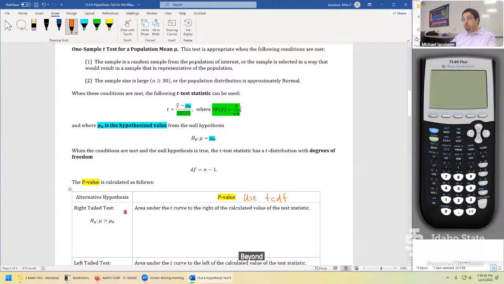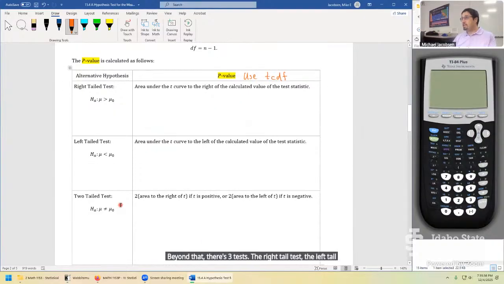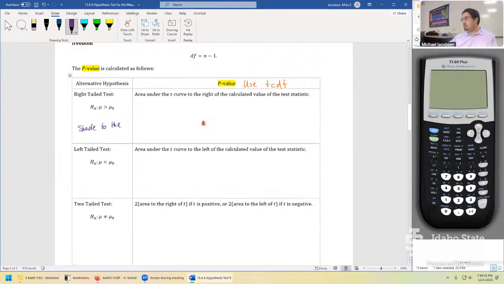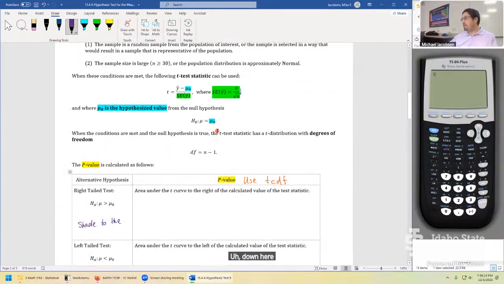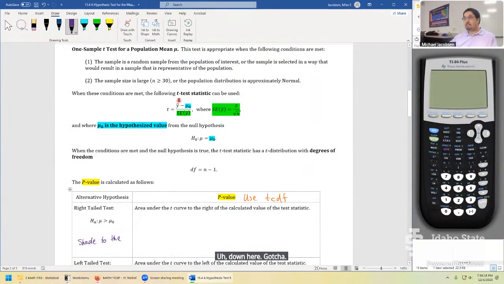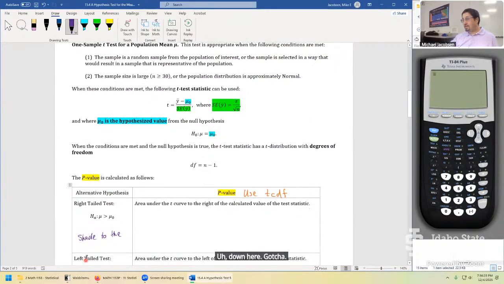Beyond that, there's 3 tests: the right tail test, the left tail test, and the two tail test. And I left this blank as well, but this is kind of just a review, really. When it's a right tail test, it means here we shade to the right. So for the gray then here, we'll shade to the right.